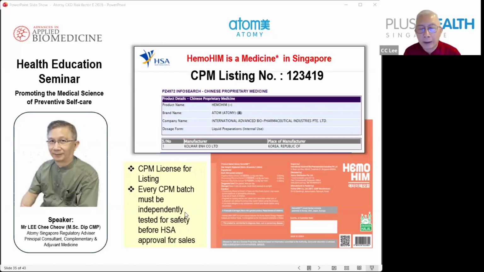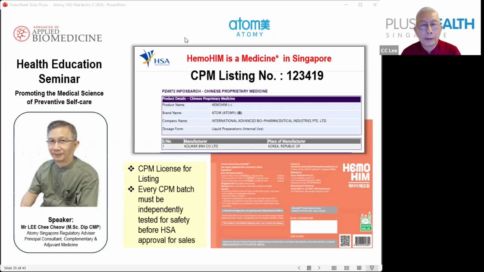So there is a guarantee that the product in Singapore undergoes a test making sure that everything is safe before it is allowed for sale.